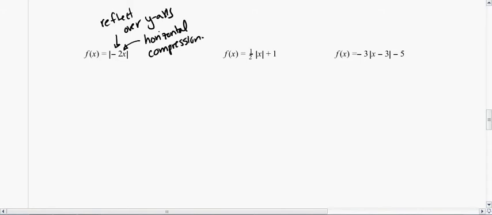So that means that I'm going to have my V flipped over the y-axis, and that's not going to look any different than if I didn't reflect it. Remember that symmetry around the y-axis. But the horizontal compression is going to make a difference. When I compress things horizontally, I'm moving my x-axis in. And when I do that, it's going to make my V close up.